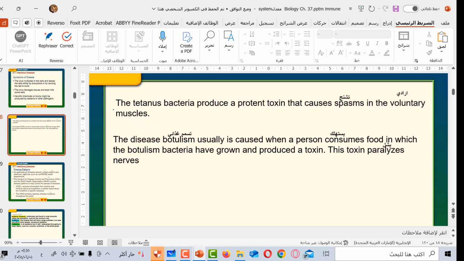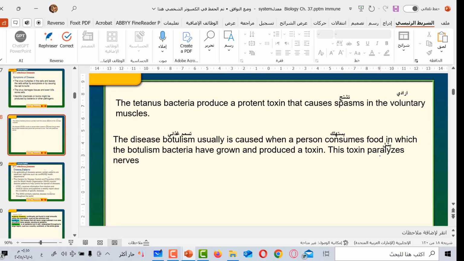And as a tetanus bacteria produced a protein toxin that causes spasms in the voluntary muscle. The disease botulism usually is caused when a person consumes food in which the botulism bacteria have grown and produced a toxin.